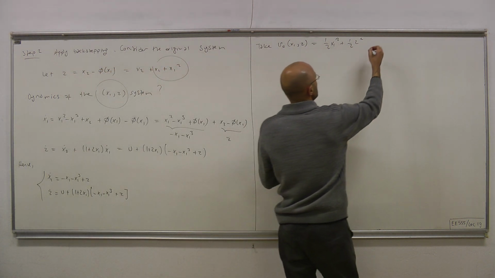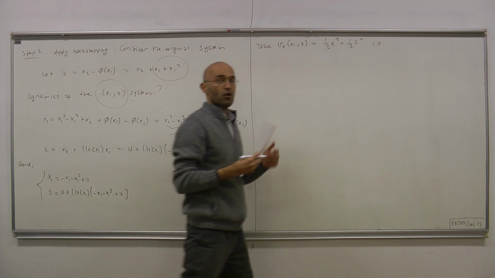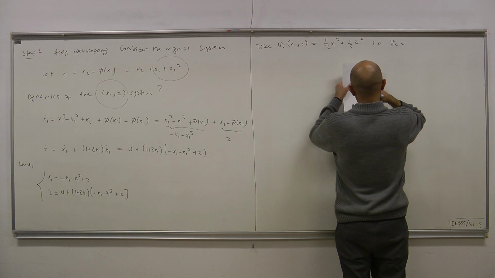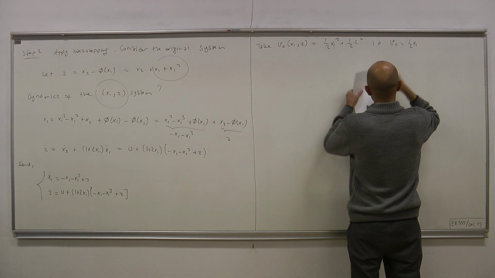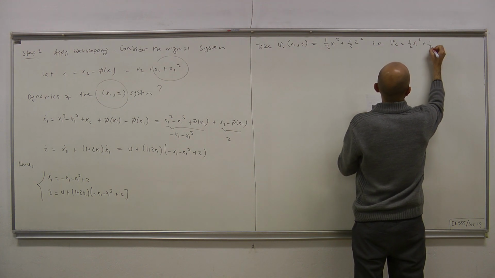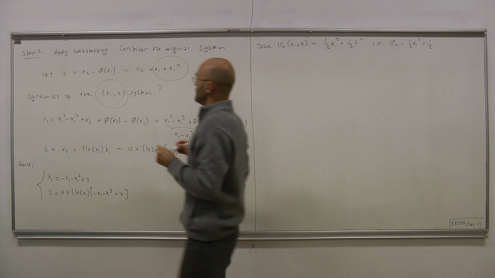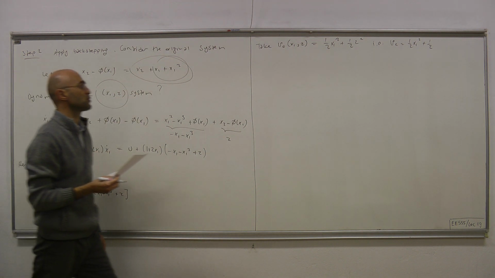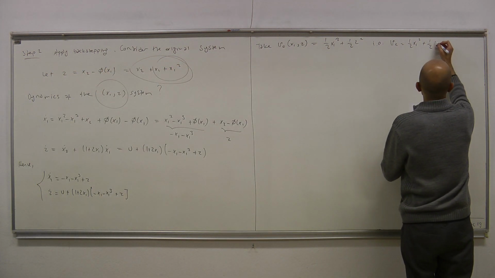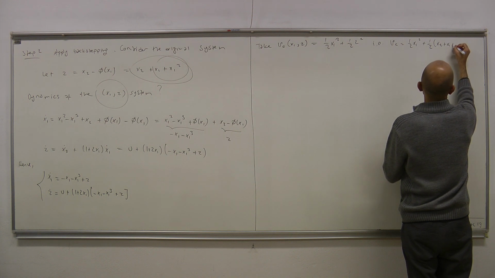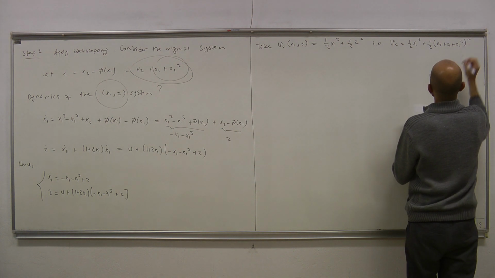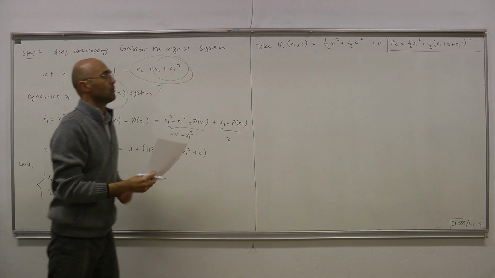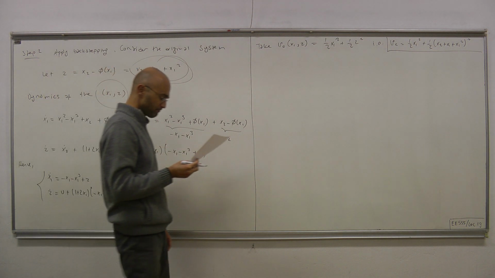In terms of the original coordinates x1 and x2, that is 1/2 x1 squared plus 1/2 z squared. What's z? Z is x2 plus x1 squared. So this is the new Lyapunov function for the x1, x2 system.